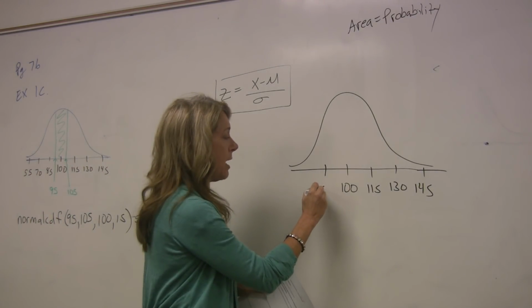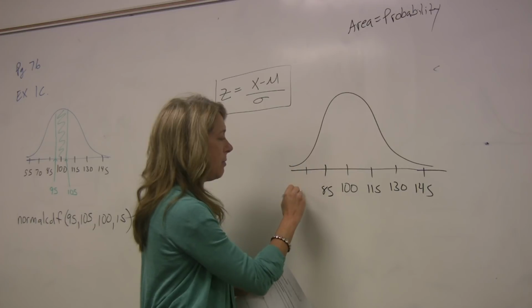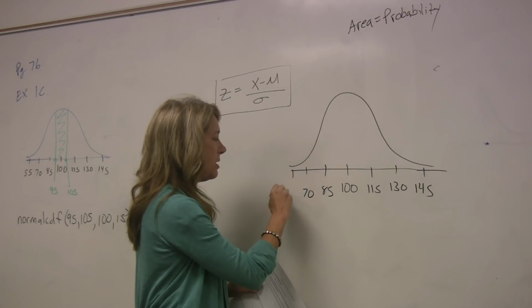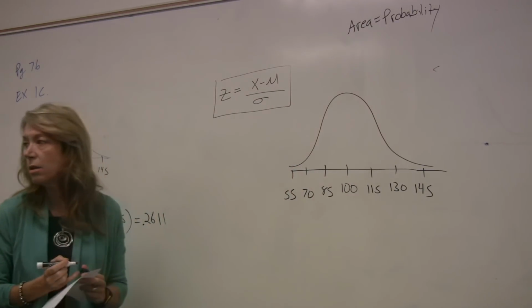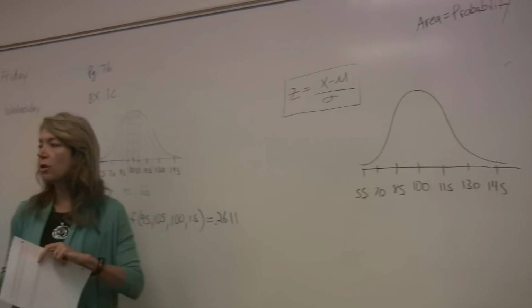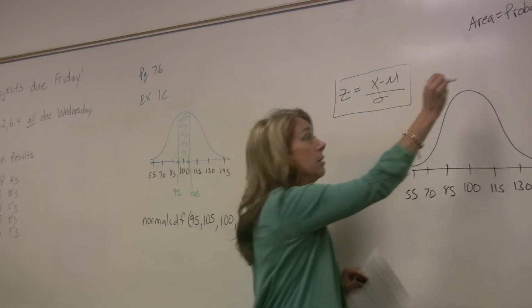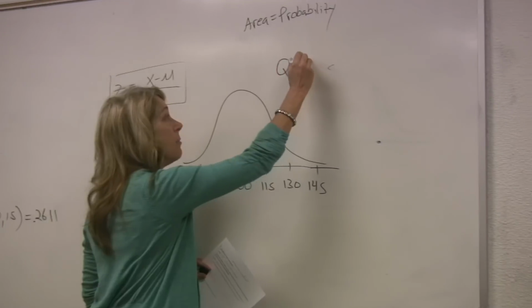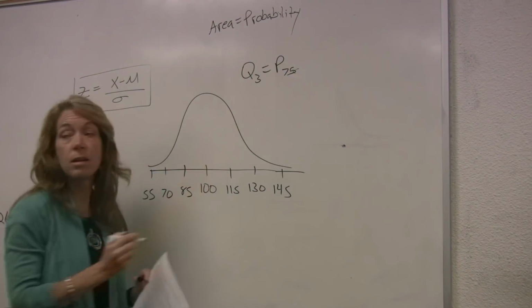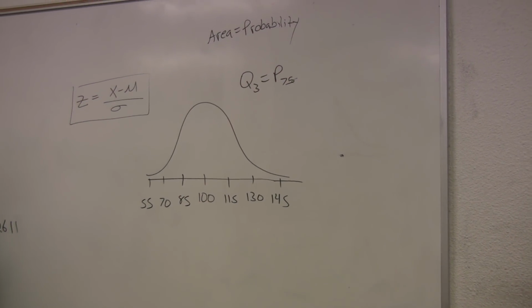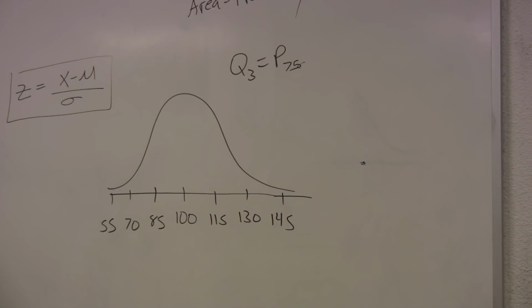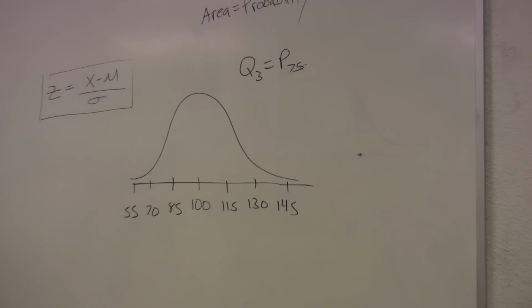The third quartile, again, I'm just putting the same numbers up here because we're still talking about IQ scores. The third quartile is the same as P75, which means 75% are below our answer.